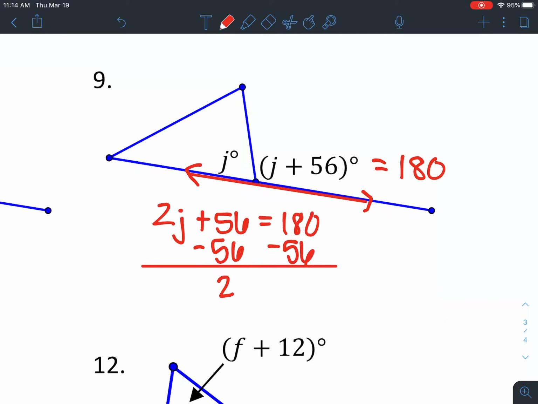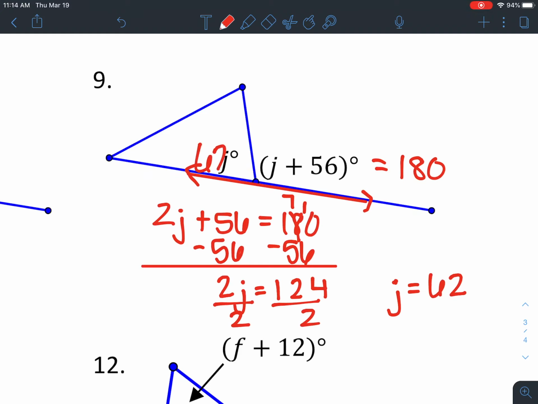And again, you can use a calculator for all of these. 124, and then we divide by 2. So j equals 62. So that means this angle is 62, and then 62 plus 56, 118. And again, those should equal 180 when we add them together, and they do.